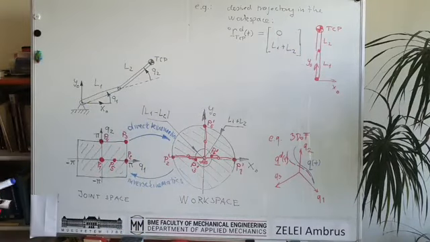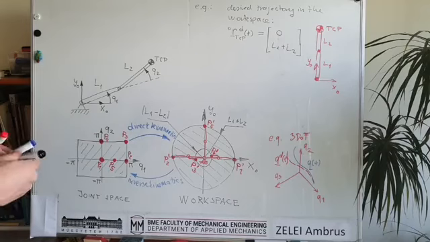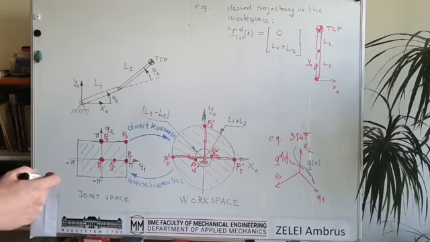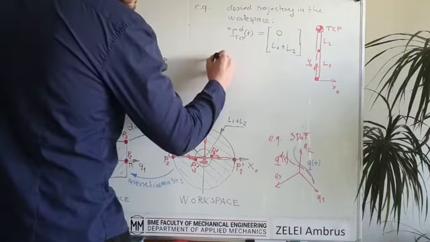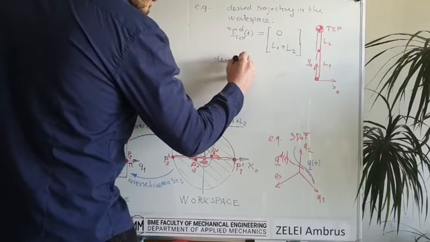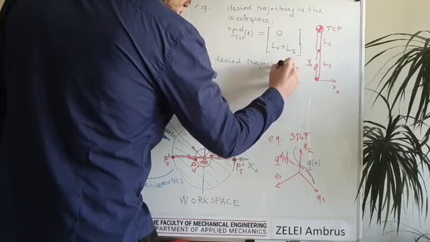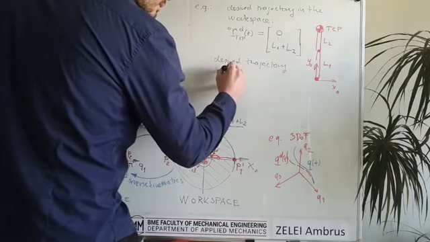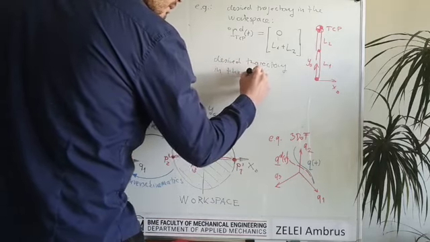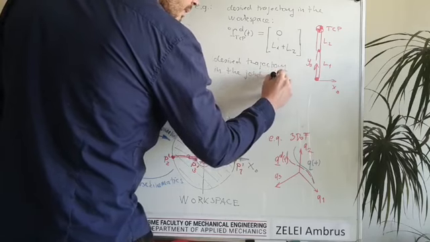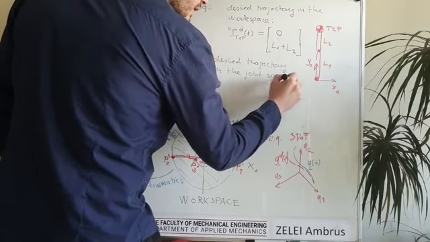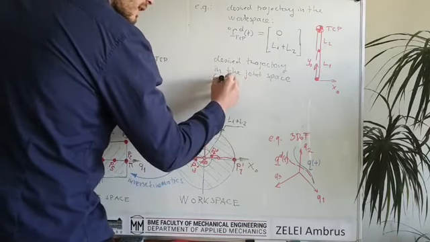That's very clear, I think. But we can also reformulate the desired trajectory in the joint space, but we can only do it after the inverse kinematics.